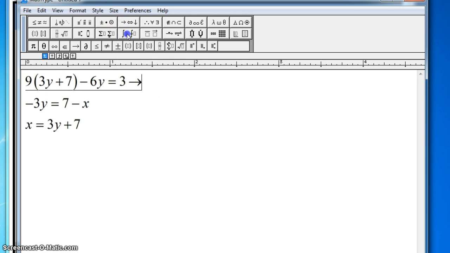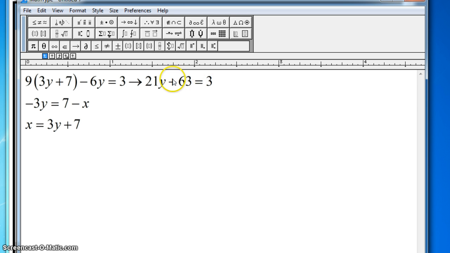So let's say, well, 9 times 3 is 27y plus 9 times 7 is 63. And then we do minus 6y equals 3. And if we combine the like terms here, minus 6y, that's minus 6, so 21y plus 63 equals 3.